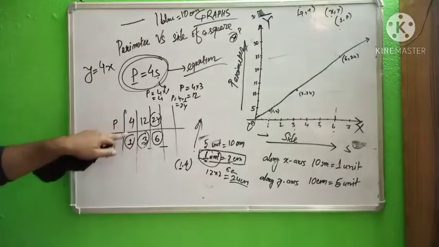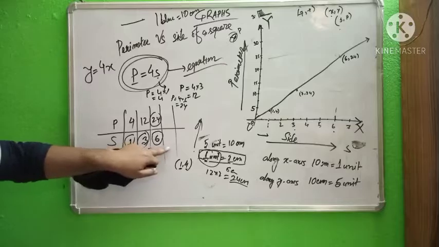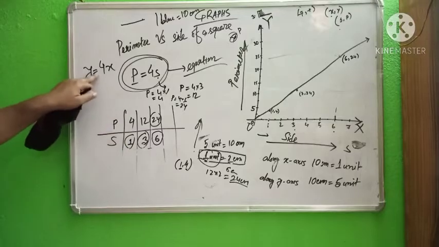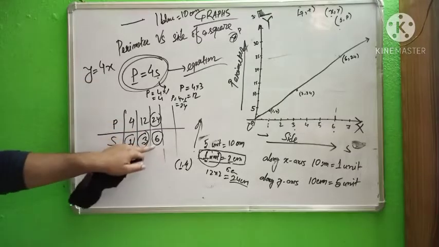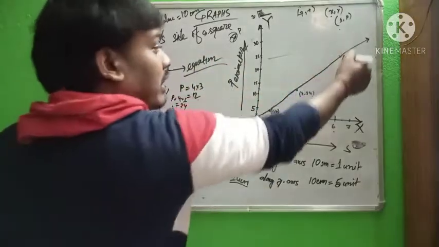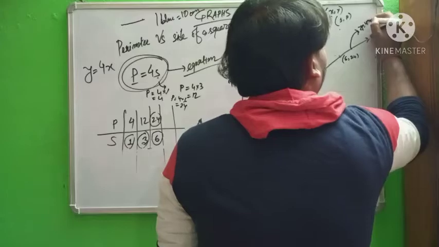We give the value of x and we can find the value of y. In this way we can find three coordinates, put the three coordinates and join the line, and this is the line for y equal to 4x.